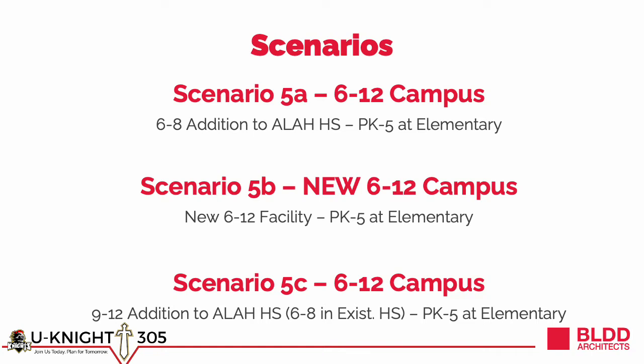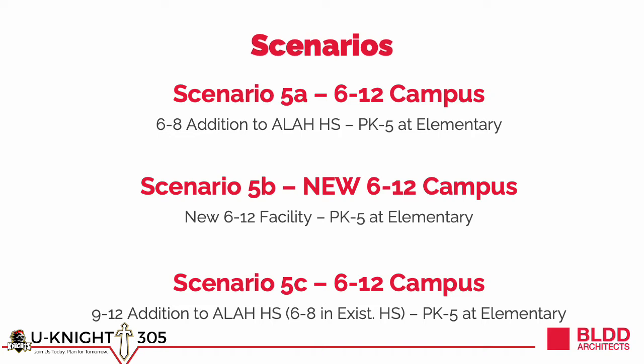The third that we refer to as Scenario 5C, which like 5A makes a major addition to the Arthur Lovington Atwood Hammond High School, but in this case does so to replace the 9-12 spaces and allows 6-8 to use the existing high school spaces. This was in response to the feedback that had the goal of a 6-12 campus, but also leaving the opportunity to either immediately or in the future provide new 9-12 high school facilities.